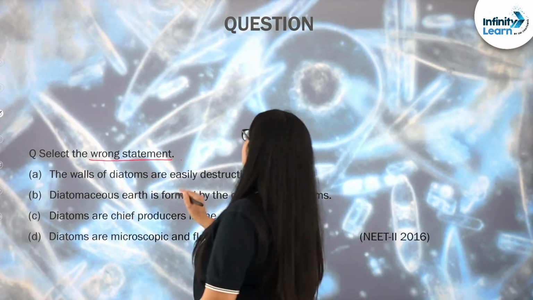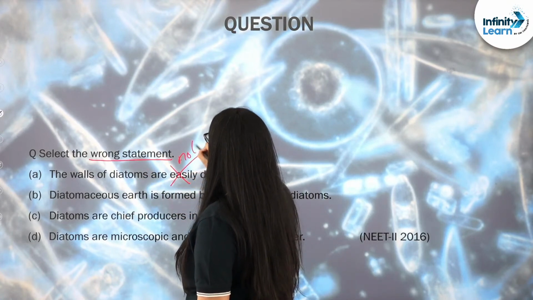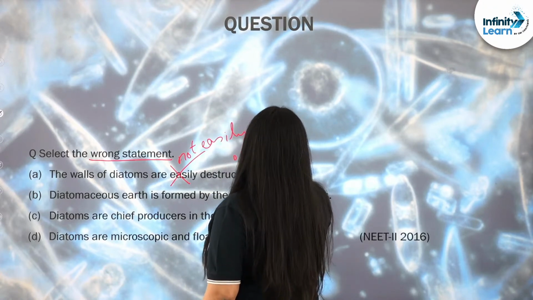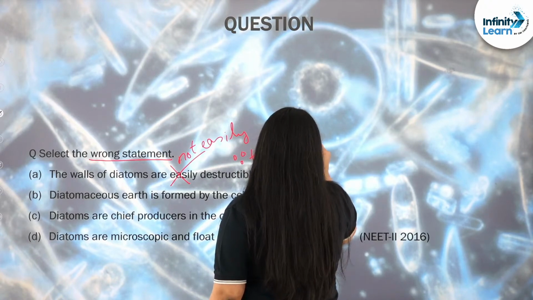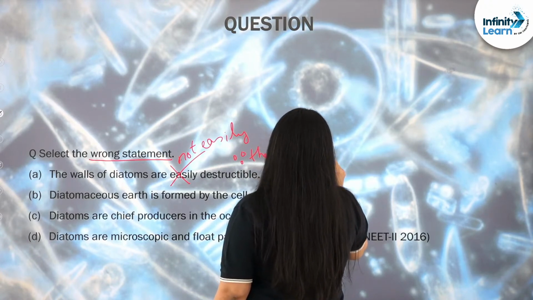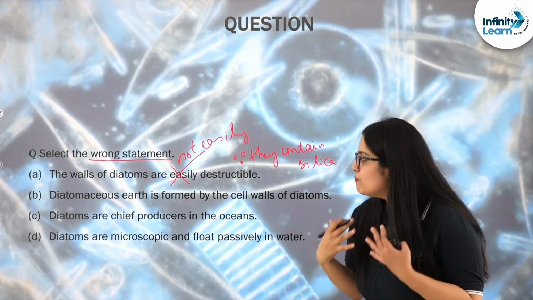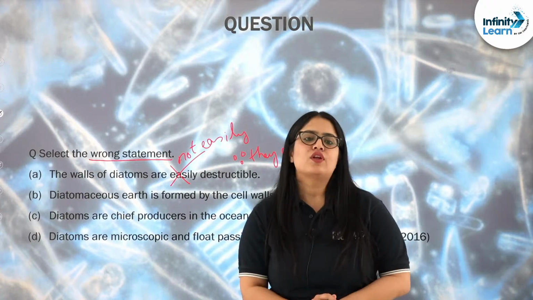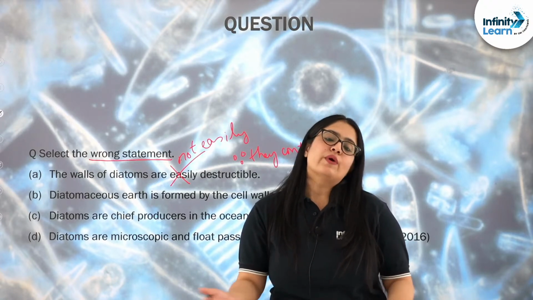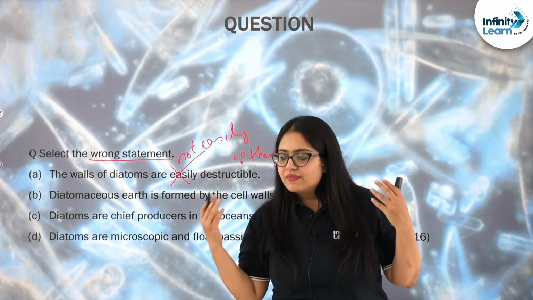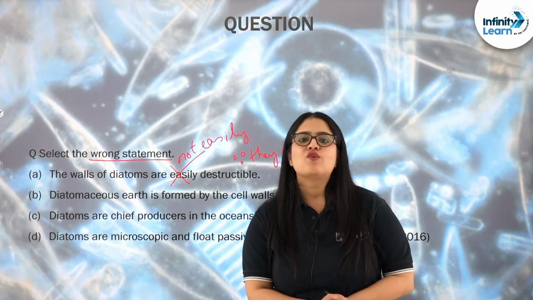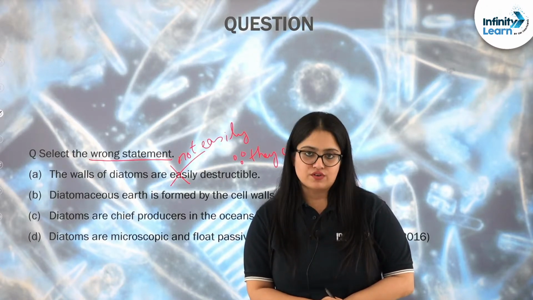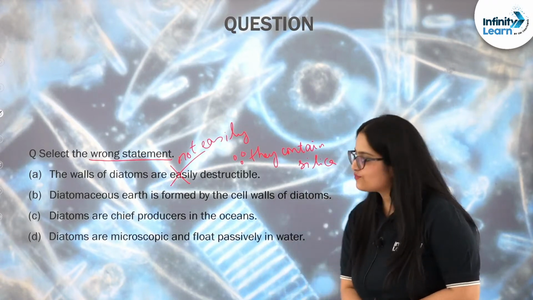The walls of diatoms are not easily destructible because they contain silica, and my kids, possessing silica makes the walls of the diatoms quite indestructible. When these diatoms die, the remains of these cell walls form the diatomaceous earth, right, that has several economic importance. So it is not at all easily destructible.